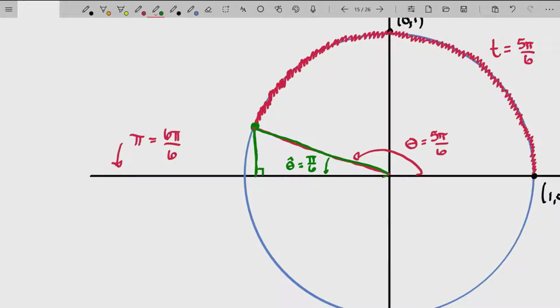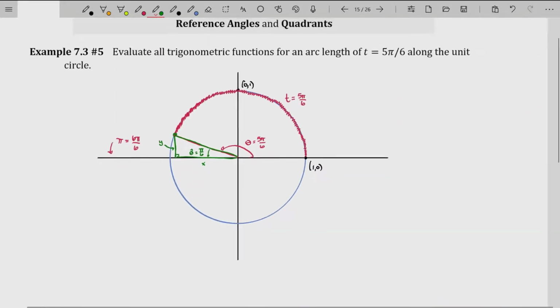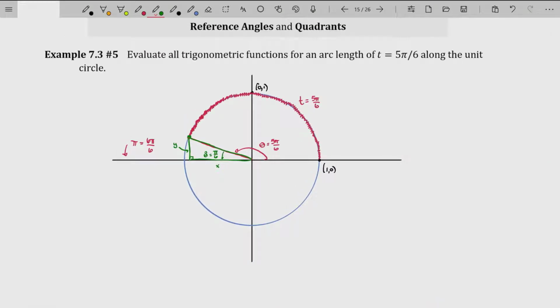And if I find the ratios, the side lengths of that right triangle, then I will know what the x value is for it, and I'll know what the y value is for it. And then I can answer the question of what are all the trig functions at that arc length or at that angle. So let's go ahead and draw out our right triangle, pi over 6, pi over 3, right angle.